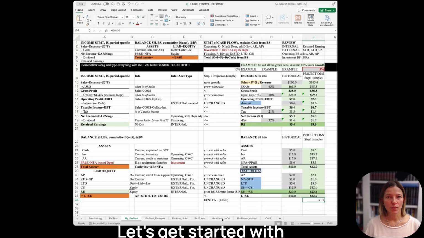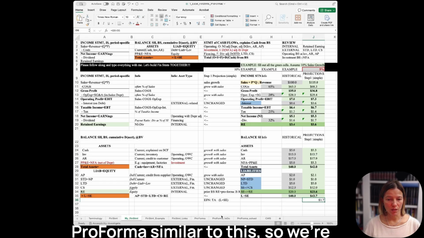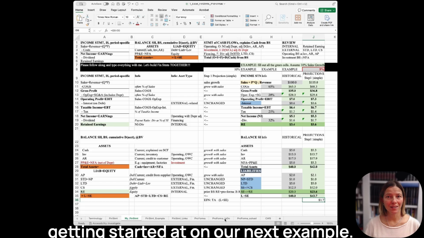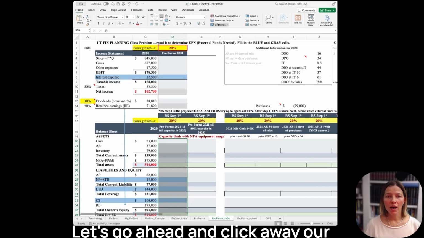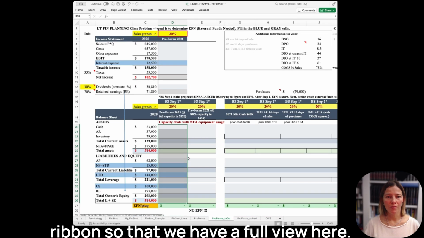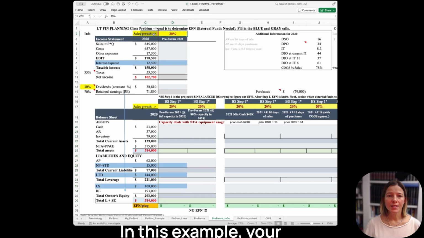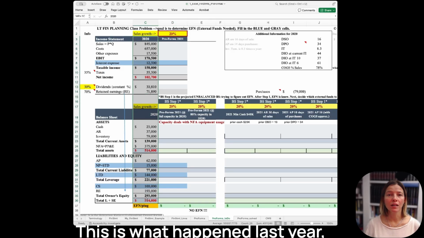Let's get started with our pro forma to do. We're going to create another pro forma similar to this, so we're getting started on our next example. Let's go ahead and click away our ribbon so that we have a full view here. In this example, your sales growth will be 20%. You're already given the historical information. This is what happened last year.